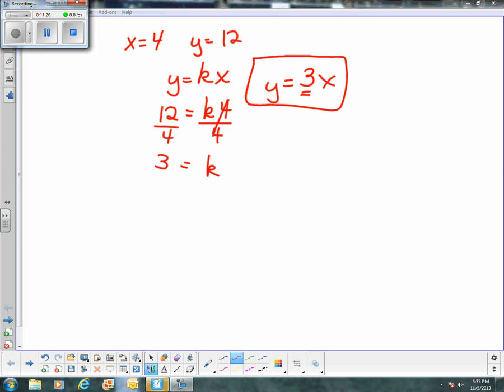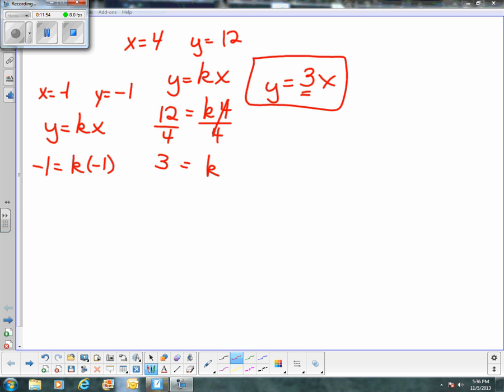When x equals -1 and y equals -1. Okay, let's start with our equation. y equals kx. Substitute your values. -1 equals k times -1.